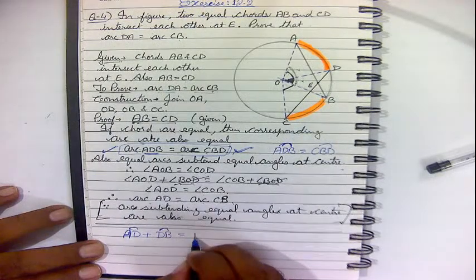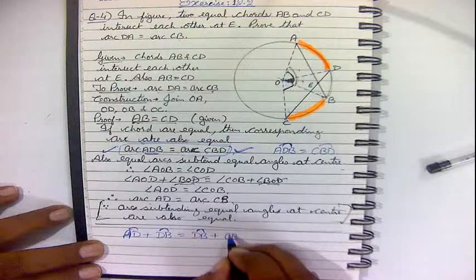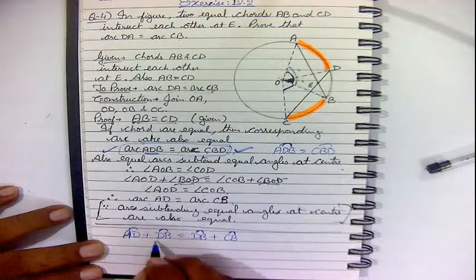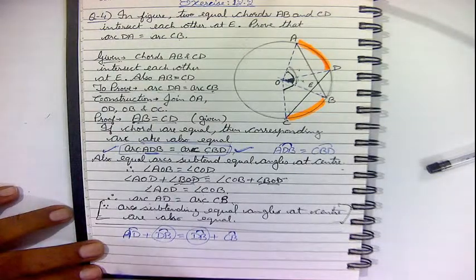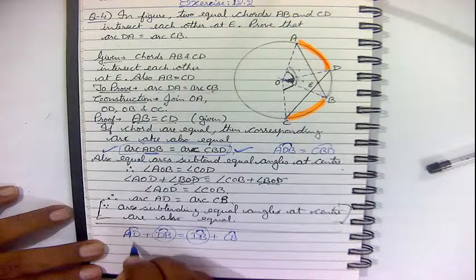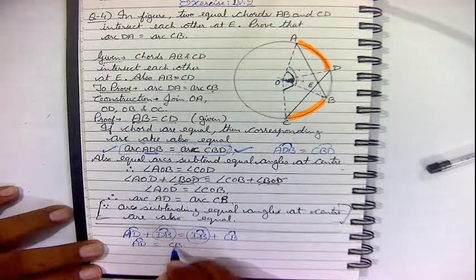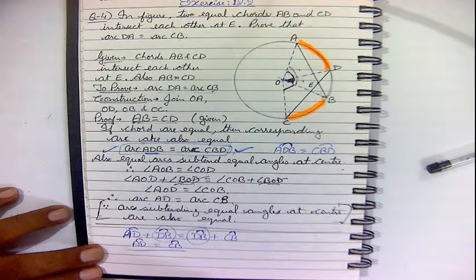So again it can be written as arc DB plus arc CB. So here this part is common on both the sides. Eliminating it, we get that arc AD is equal to arc CB. तो ये आपका दो स्टेप में ही इसका प्रूफ कंप्लीट हो जाता है.